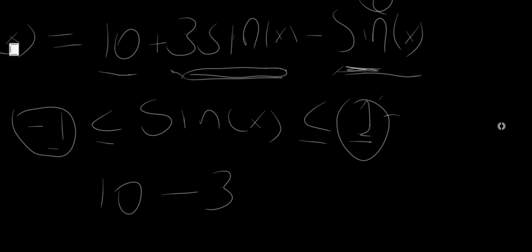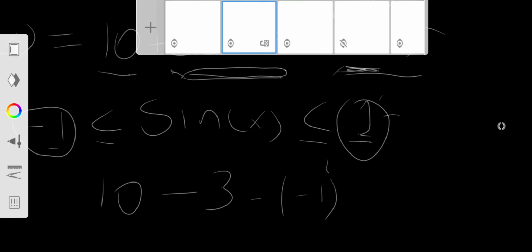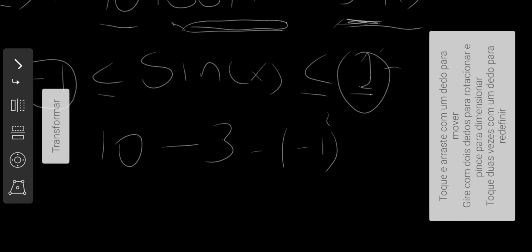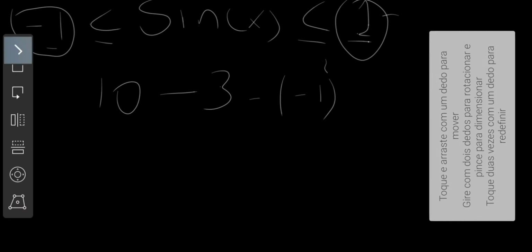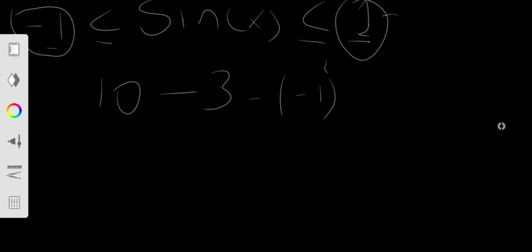So here it will be minus 1 squared, so it will become 1. So what can I do now? Well, just count. 10 minus 3 minus 1. So 10 minus 4 is 6, and this is your answer.